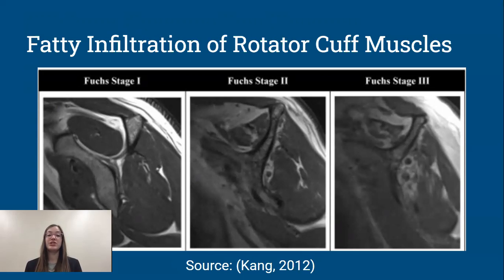But at this stage, there still is proportionally more muscle than fat. But in stage 3, in the right picture, there is severe fatty infiltration of the rotator cuff. And at this point, there is either equal amounts of muscle and fat or proportionally greater fat than there is muscle, which is a severe infiltration.